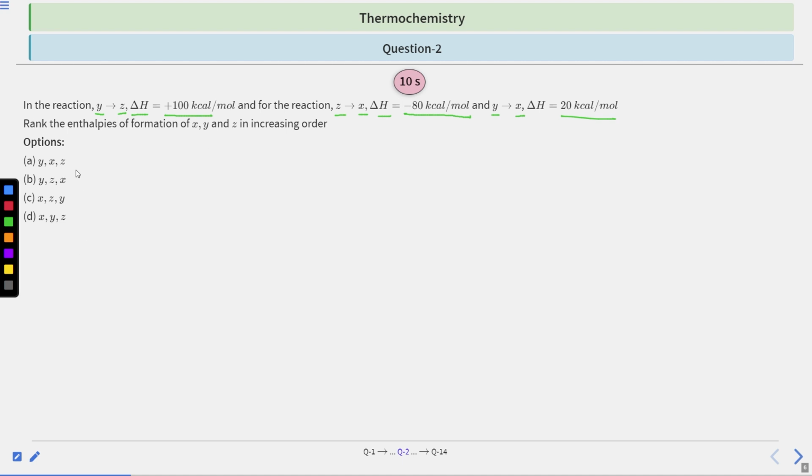The options are YXZ, YZX, XZY or XYZ. So you have to tell the enthalpies of X, Y, Z in increasing order, and we have given the delta H for every reaction. You have 10 seconds to solve this question. After that, we will see the answer.